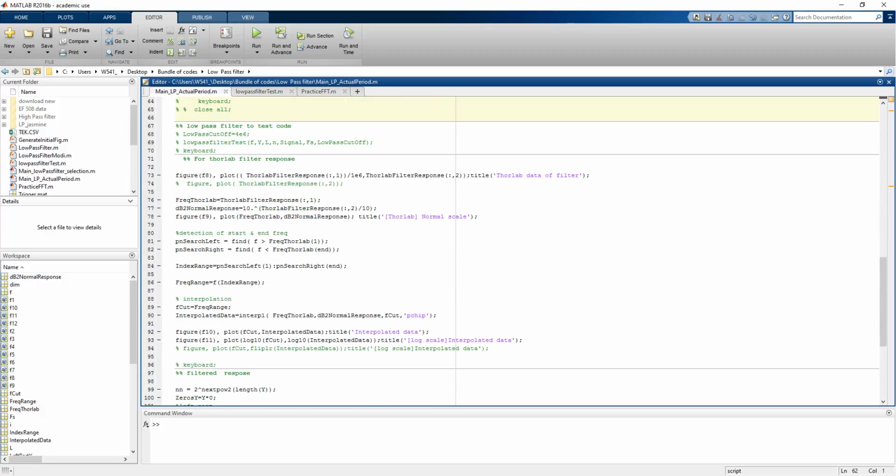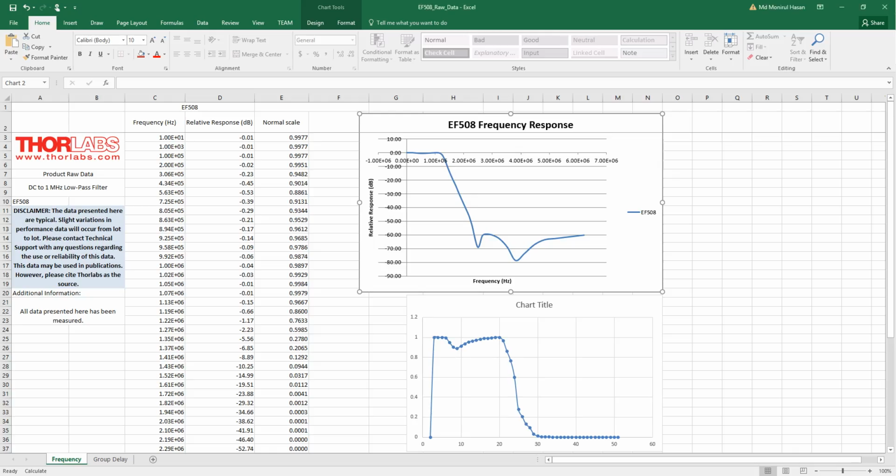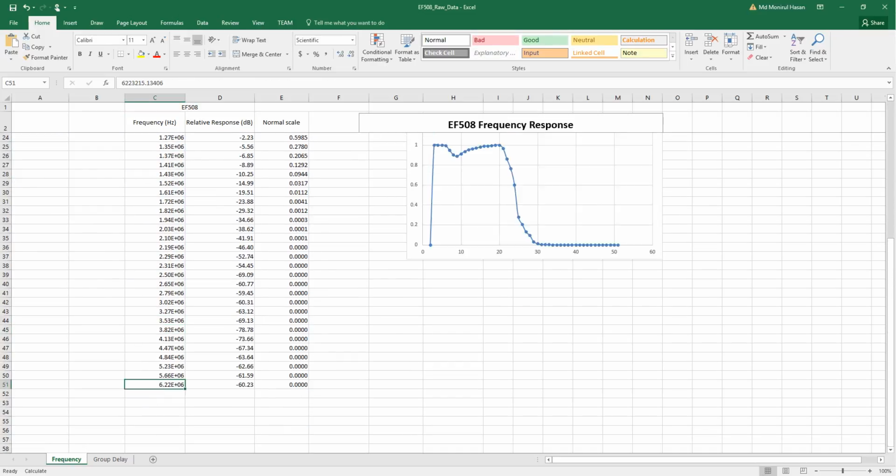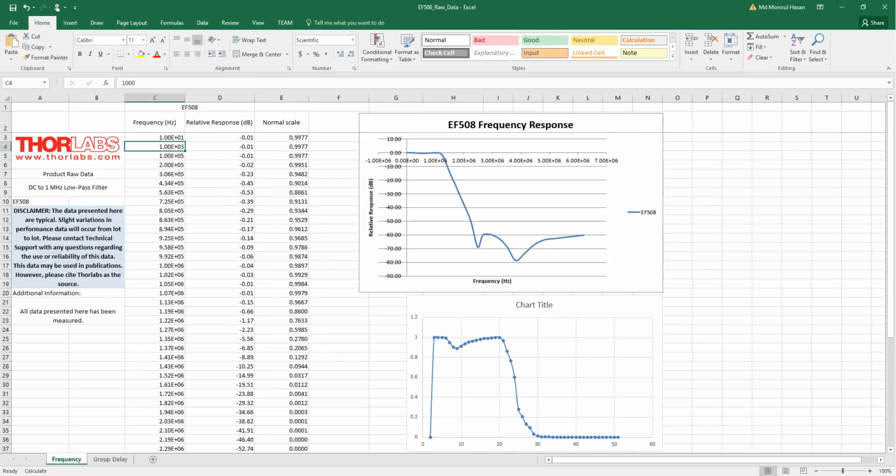Now the important thing starts from here. In the time domain signal we have lots of frequencies, but when the signal passes through the low pass filter, it will only allow the frequencies in the frequency response here. So all these frequencies will be allowed to pass.